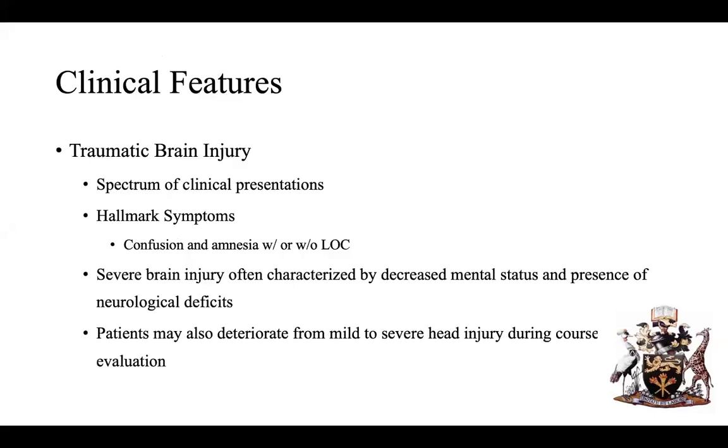Clinical features. As I said, it's a spectrum, and it can range all the way from just headache and loss of consciousness for 5 minutes in patients with mild head injury, all the way to patients comatose with neurological lateralizing signs in severe head injury. And you have to keep on evaluating.